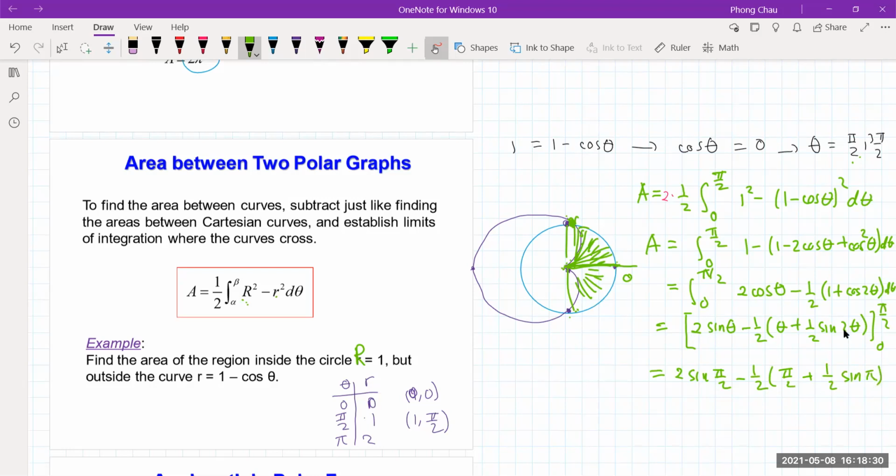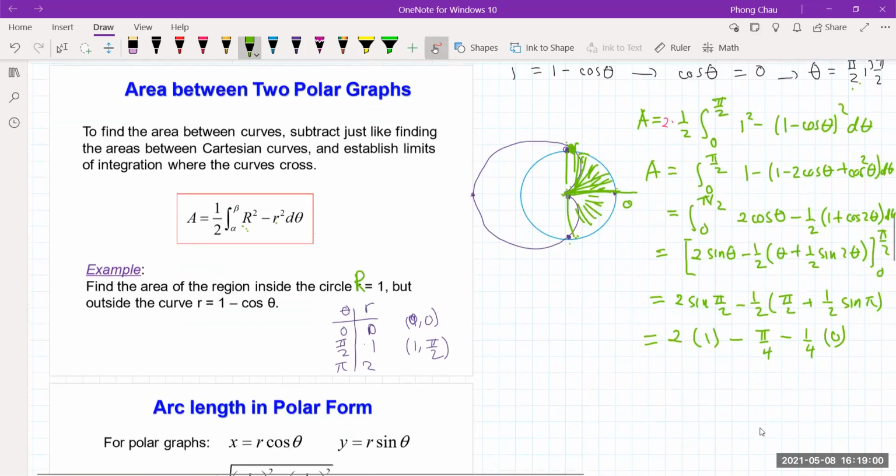Then you plug in 0, they are 0, so I don't need to do any arithmetic there. All I need to do is calculate this. 2 times sine of pi half is 2. And then that will be negative. Multiplied out, that's pi over 4. And sine of pi is 0. See, that's nice.